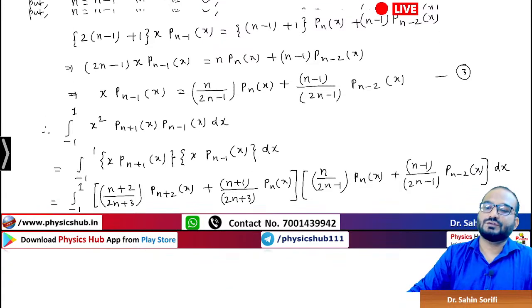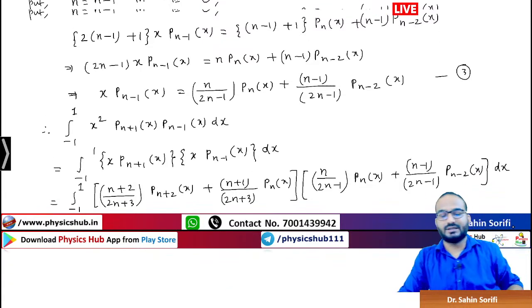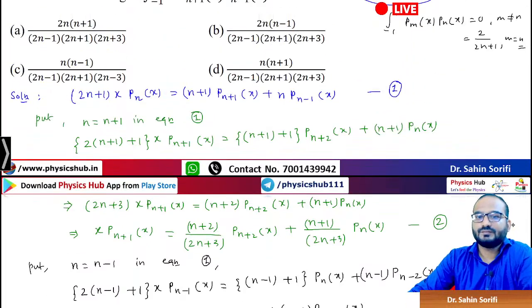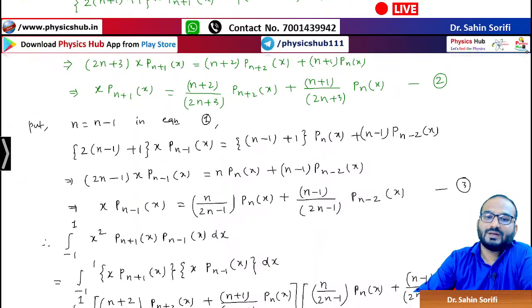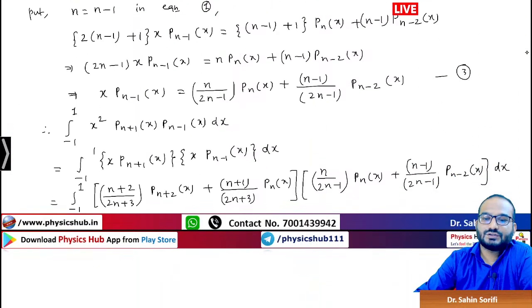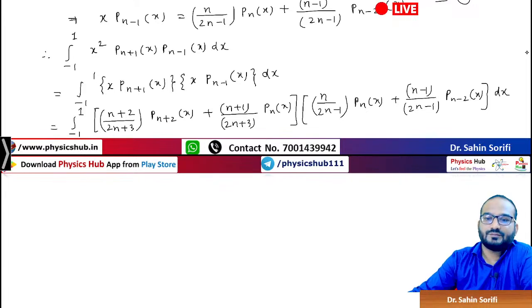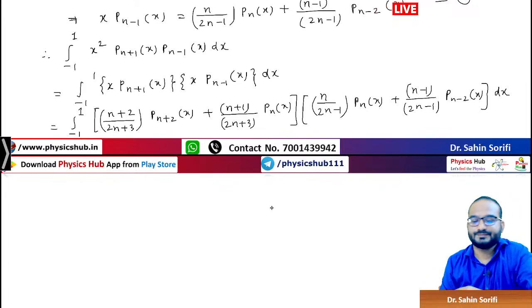Now which values you will take? Look at this orthogonality relation again. Whenever m not equals to n, it will be 0 and it will be non-zero only when m equals to n. So if you multiply these two terms, how many terms you will get? 4 terms.